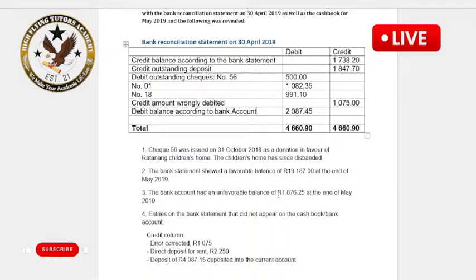Okay, I'm going to start now with the additional information, and I want you to follow properly. I'm going to make sure that you understand this bank reconciliation statement better.